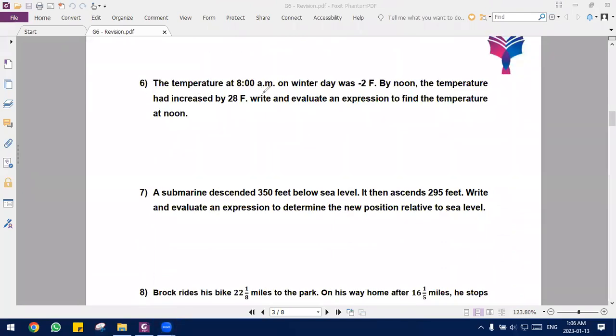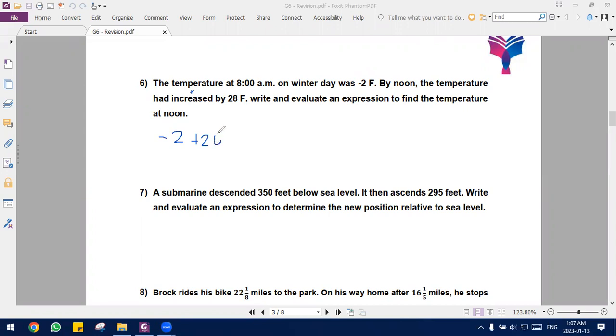The temperature at 8 a.m. on a winter day was -2. And then by noon, the temperature had increased by 28. What's the new temperature then at noon? So it was -2, and then the temperature increased. This is plus. It increased 28.